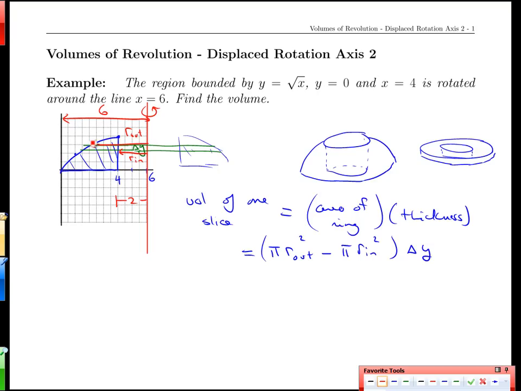Okay. How about the outer radius? Well, there's a nice relationship here that if we talk about the point on the curve, well, that's what defines the boundary. That's why we stop here, is because we hit this curve. This distance from the axis out to the point is x. And so the distance remaining is the entire distance, 6, minus our x coordinate.